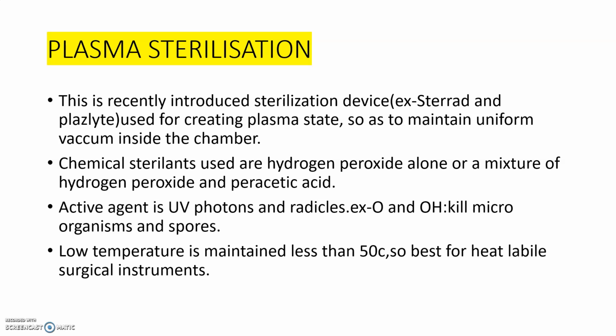The active agents are UV photons and radicals, for example oxygen and hydroxyl. These may kill the microorganisms and spores. Low temperature, less than 50 degrees Celsius, is maintained, so it is best for heat labile surgical instruments.